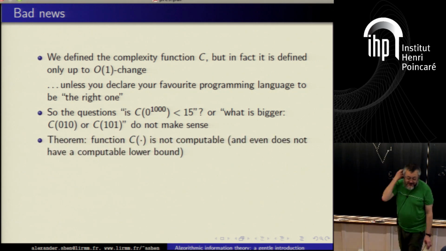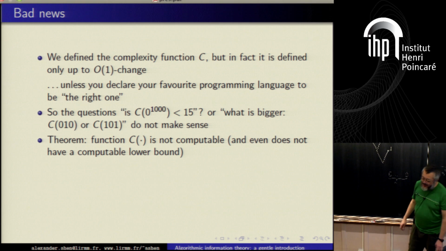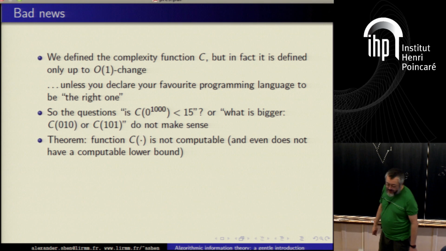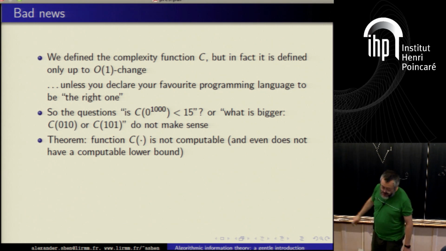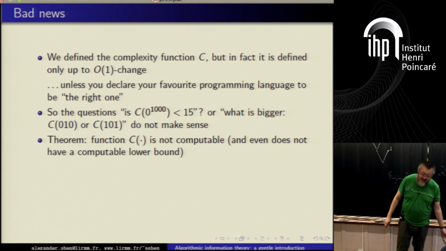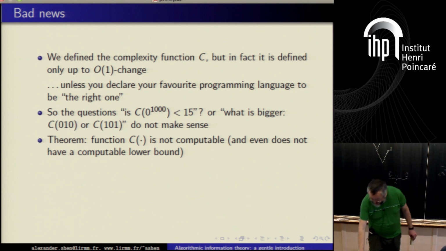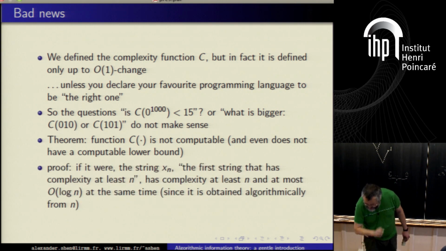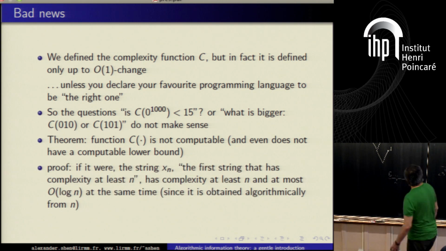There is also another bad thing: the function is not computable. Even if we agree on some optimal programming language, we still cannot compute it, and this has a very nice simple proof. I think many of you have heard it, but let me try to explain. Imagine it's computable, so there is an algorithm which tells you the complexity.